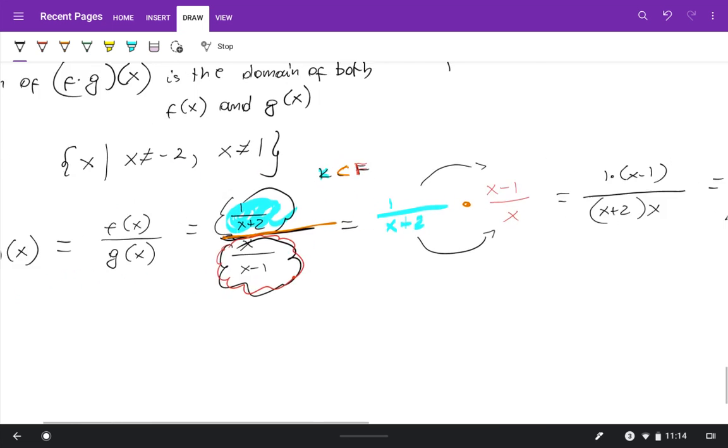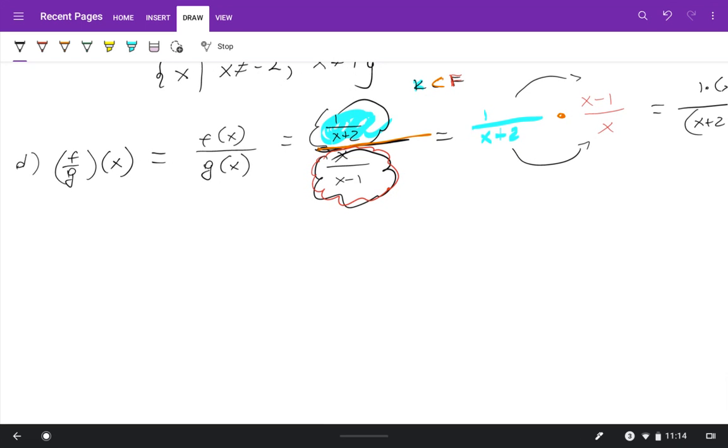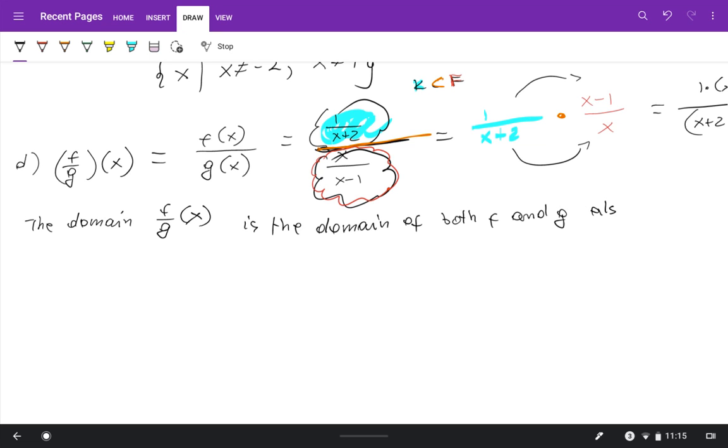Okay, so only with the quotient, you need to remember when we have to find the domain of any quotient: the domain of both f and g, also give an additional condition.